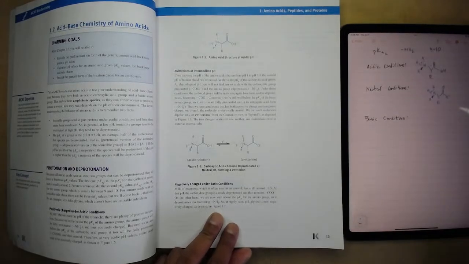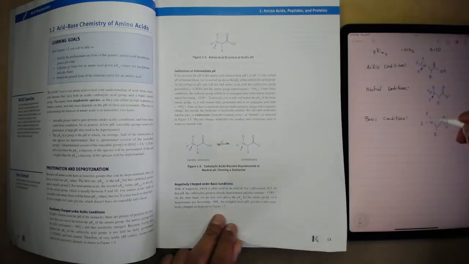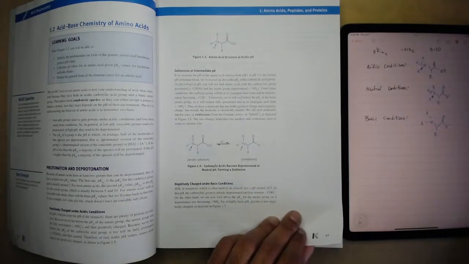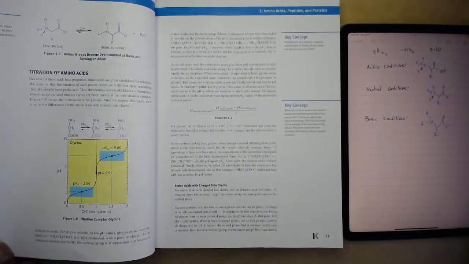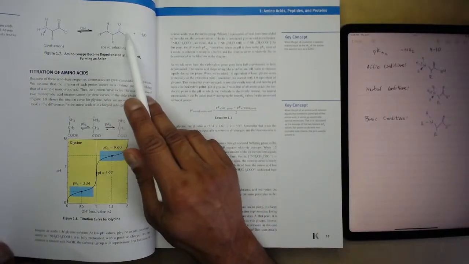So we're going to predict what that looks like. O minus, R group, nitrogen with just 2 hydrogens on it, and a negative charge or a neutral charge. Let's go with neutral charge. Let's see what they do. Neutral.